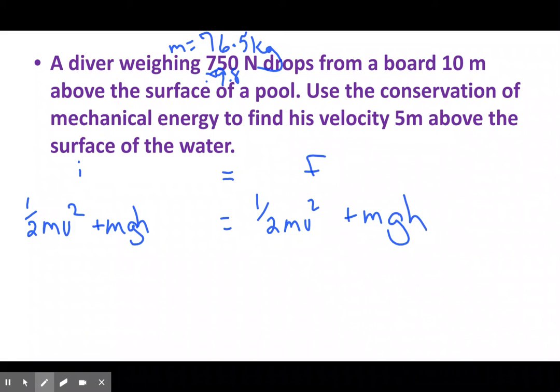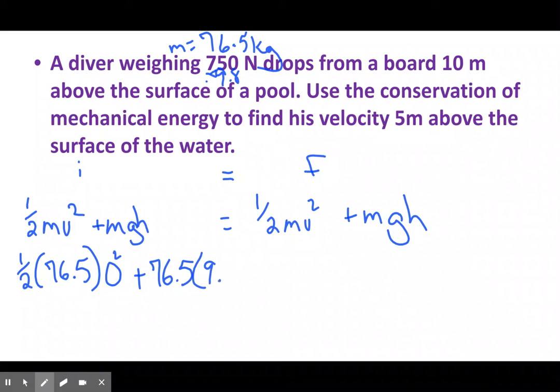We've got 1/2. His mass is the 76.5. It tells us he drops from the 10 meters above the surface of the pool. At this point, he's not moving, so our velocity here is 0. Plus mass 76.5, 9.8, and then our height here is 10.